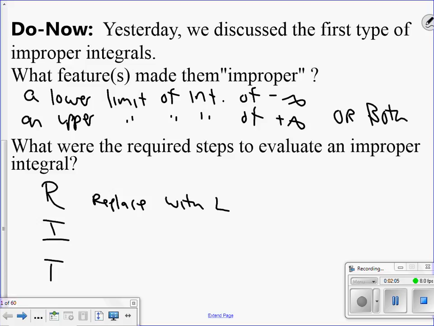And then I stands for integrate. So you'll actually get the antiderivative, plug in upper, lower, and subtract. And T, take the limit. And we'll have it.